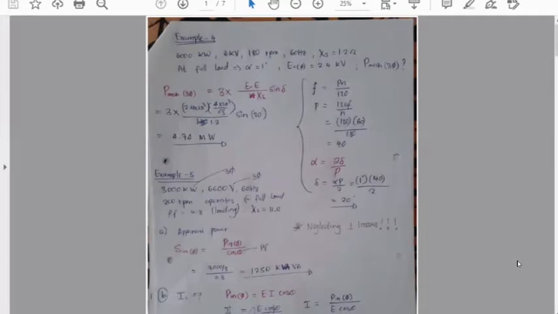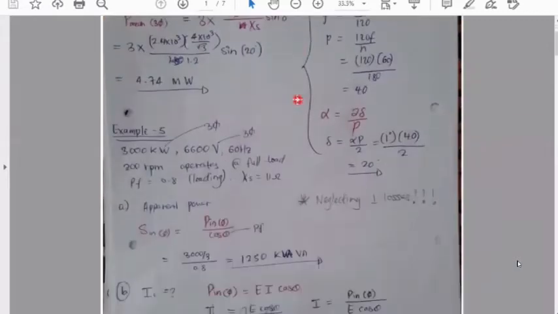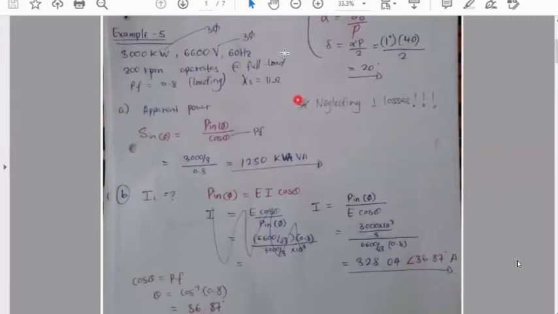Write down all the information that you have. We know that our power is given to us as 3000 kilowatts, but what power is this?